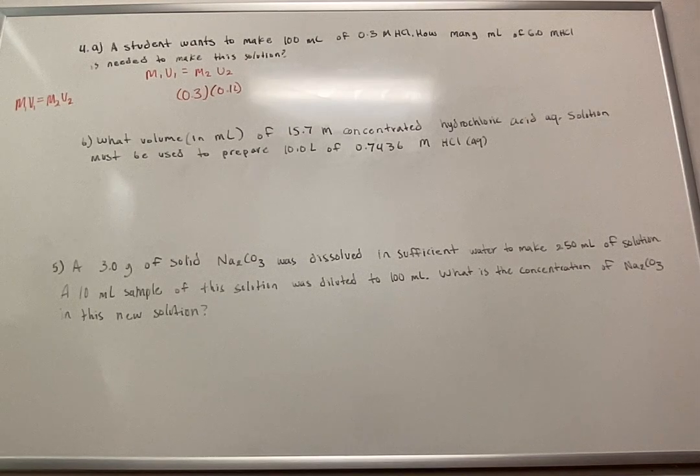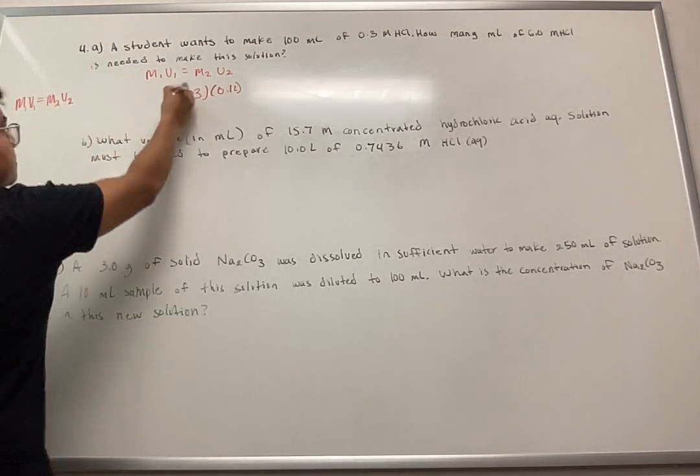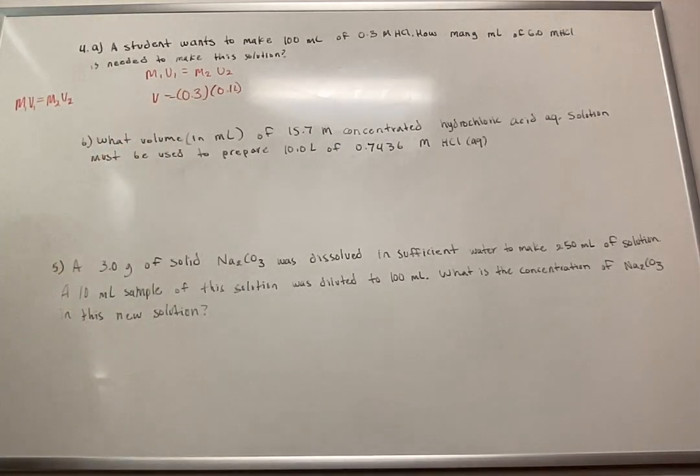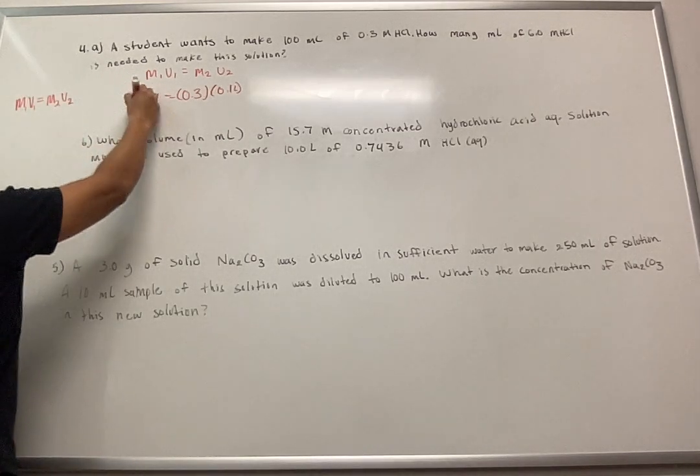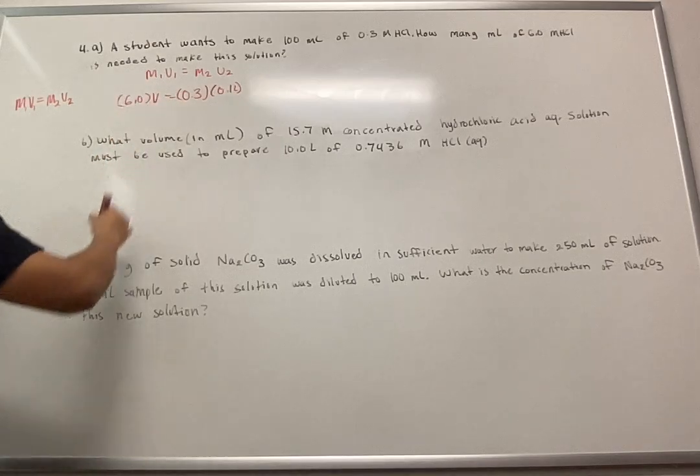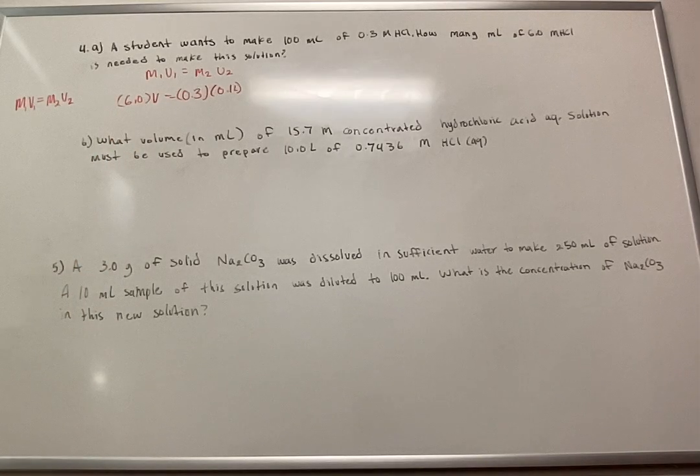Now he wants to know the volume of the 6.0 M HCl. So M is going to be right here, 6.0. They're asking for it in milliliters, so after we find our number, we're going to have to change it to milliliters.